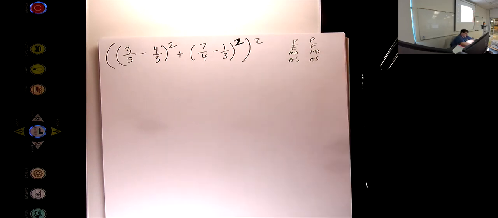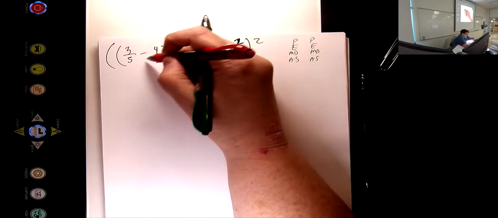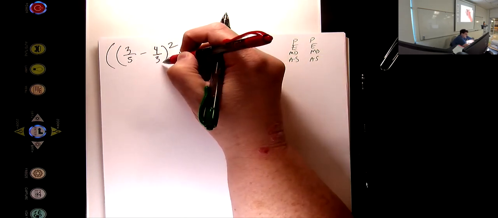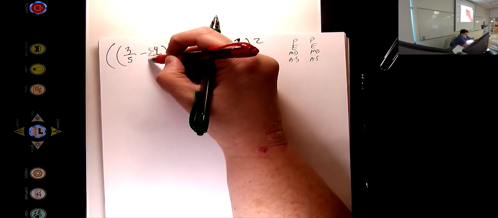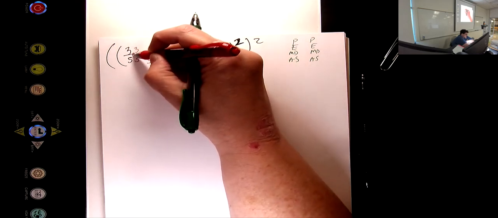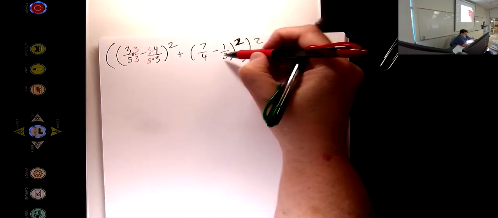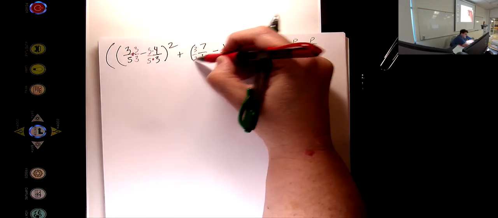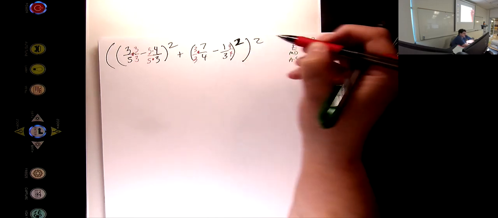To get a common denominator, 5 and 3 have nothing in common, so I can just multiply the other fraction by the denominator, which means take this 5, multiply this one by 5 over 5, take this 3 and multiply this one by 3 over 3. And I can do the same thing in this one. This will have a 3 over 3 times that one and a 4 over 4 times that one.